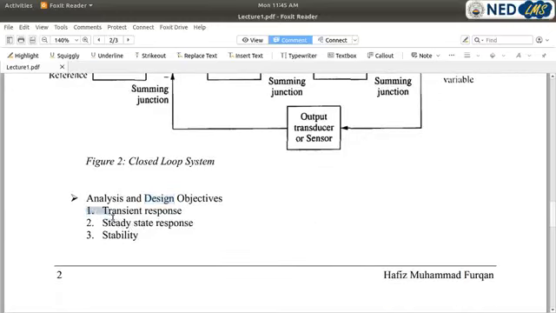Here we have three major design objectives. One is the transient response of the system, second is the steady-state response, and third is the stability of the system.